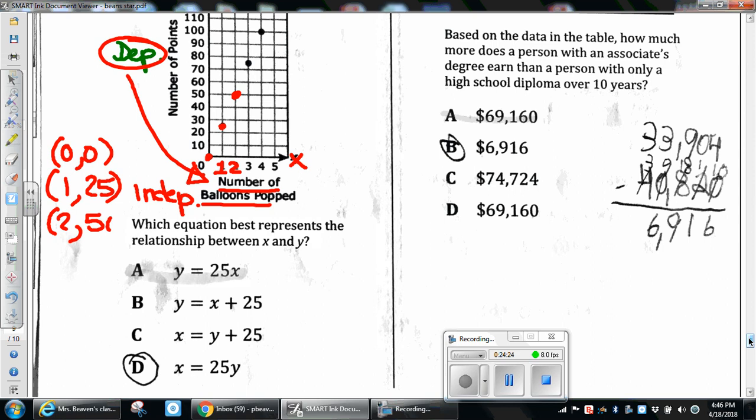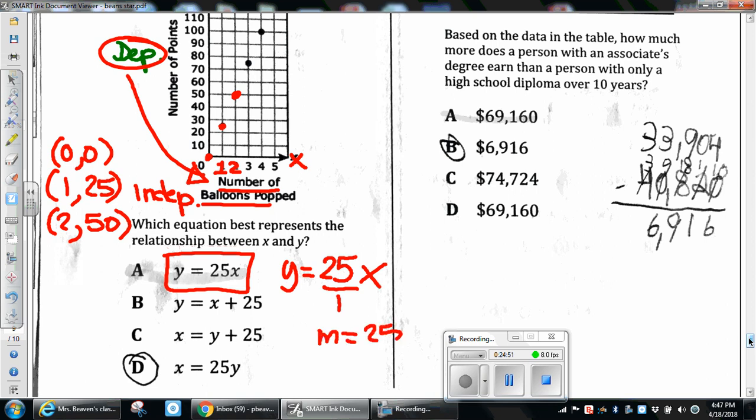So you can see that this is going to be a constant increase of 25 points per balloon popped. And so since we have that constant rate of change, we could see that it will be a linear function. And the slope, which is the rate of change, will be 25, or 25 over 1. So we just look at the slope as 25 over 1. You can see that the points will go up 25 and 1 to the right.